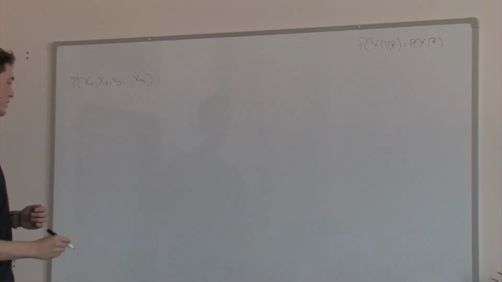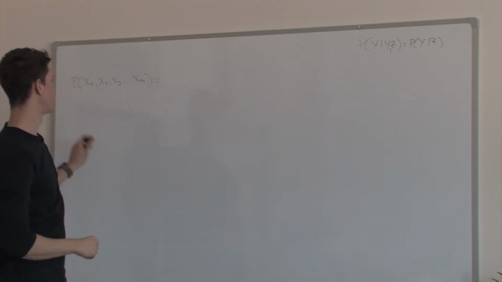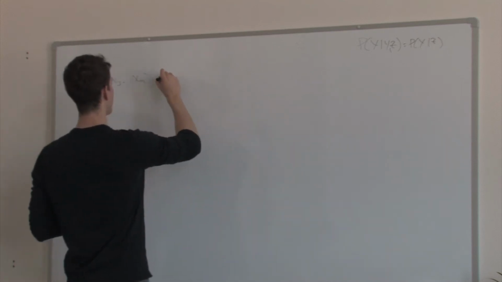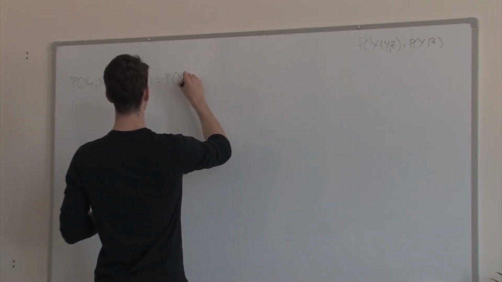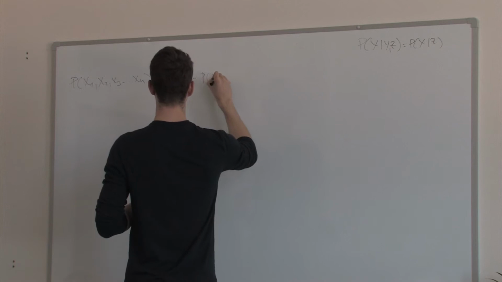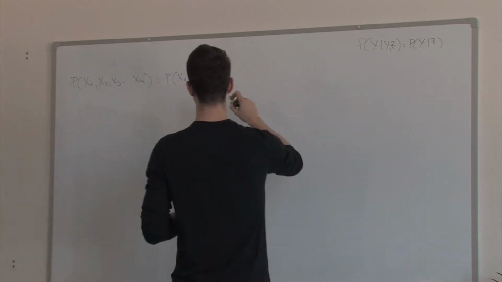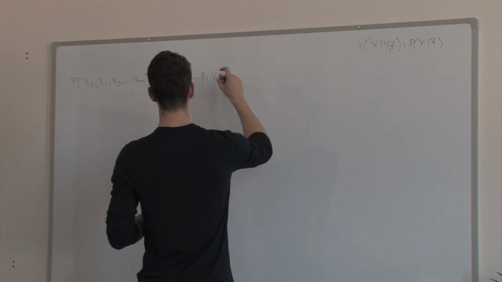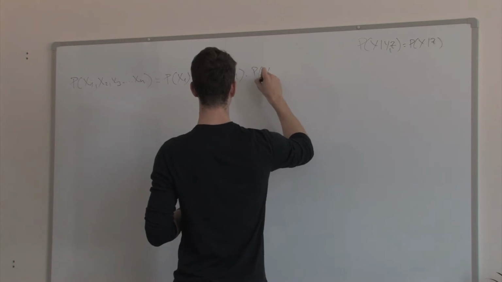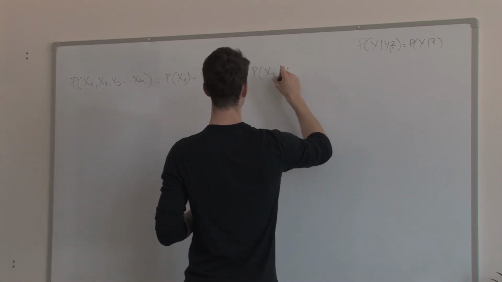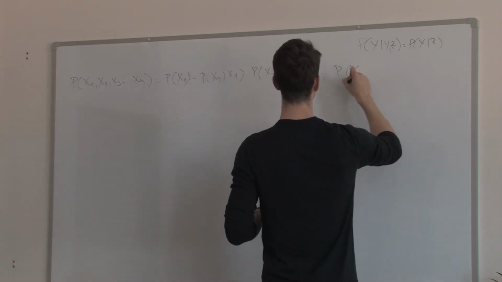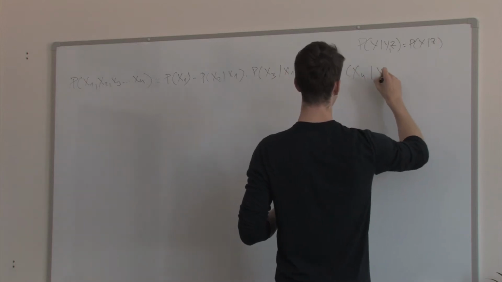And as we know from statistics, we can rewrite the full joint probability distribution as a product of probabilities, using the chain rule. So the joint probability would be the probability of variable 1 times the probability of the second variable given the first variable times the probability of the third variable given the first two variables, and so on, times the probability of the last variable given every variable before that.